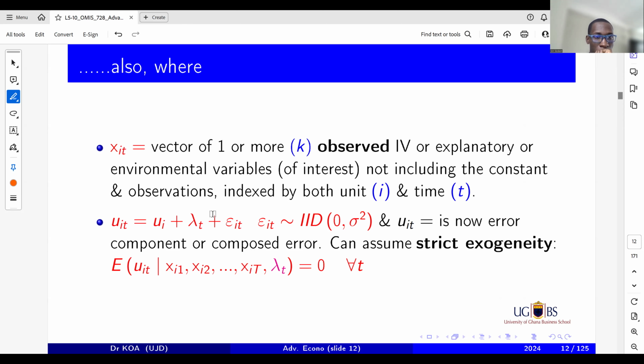You can assume strict exogeneity of these errors, which means that they don't depend at all on any of the individual regressors, which means that that aspect of endogeneity is solved. That is why this is strict exogeneity.